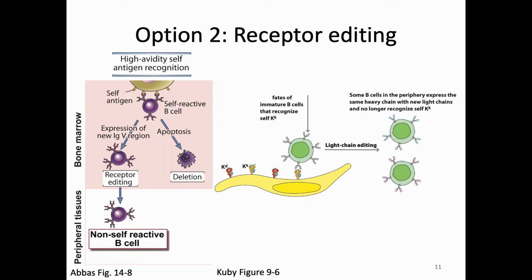And so that led us to understanding the second process that can happen in order to deal with B cells in central tolerance. This particular one is only possible in B cells. So when we get to T cells later, this is not a choice. B cells are able to do this thing called receptor editing.